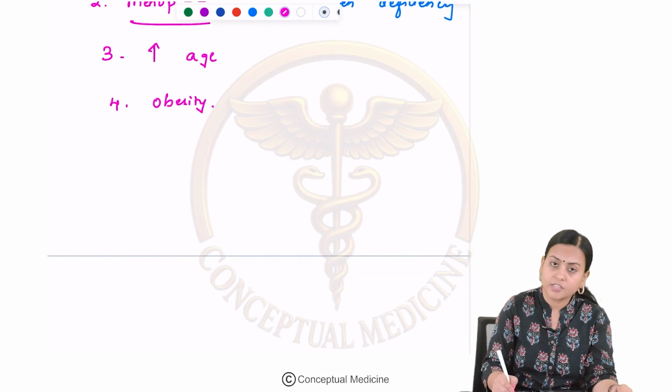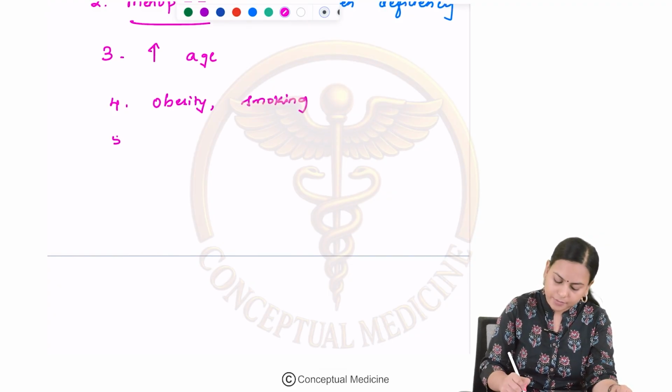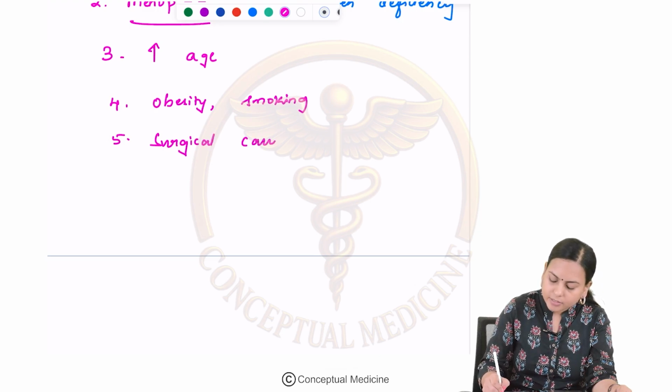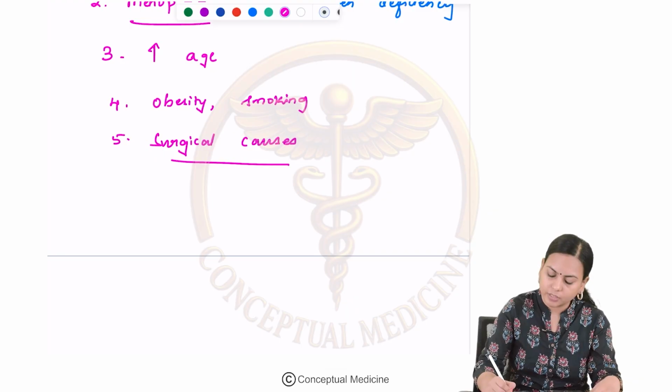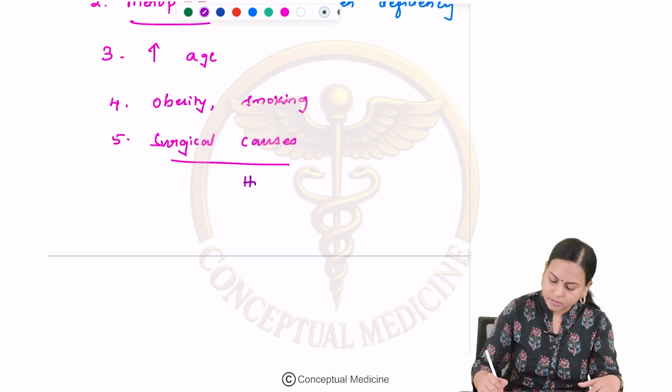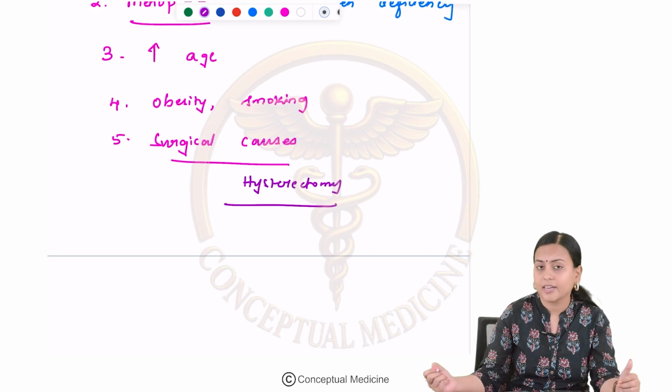Obesity as well as smoking can also lead to pelvic organ prolapse. And not only this, any surgical causes, like if she previously had a hysterectomy, that can also be a cause.